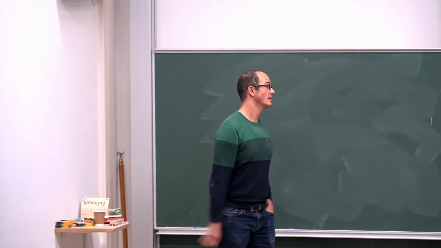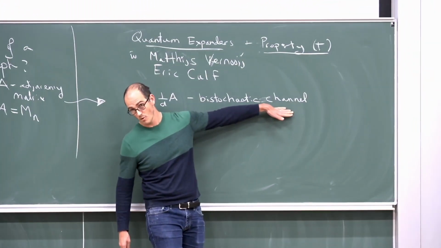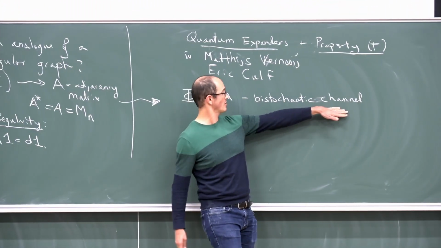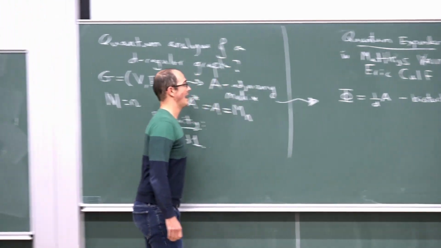The analog of a bistochastic channel in the context of quantum information theory is that you consider bistochastic quantum channels on Mn.